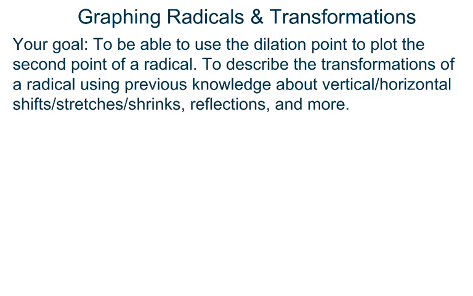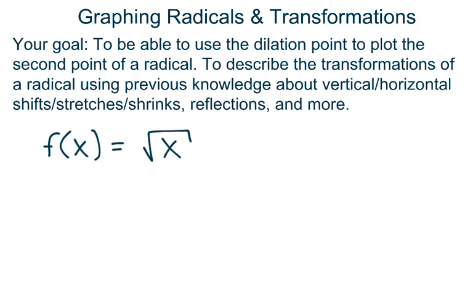Alright, so first things first. Let's show you what the parent function is, which you guys already know, right? The parent function of a radical is the square root of x. Alright, so that's the parent function. So what you guys are going to be doing is telling me what happens when I put a value in front of it, or what happens if I put a plus or a minus number on the outside.